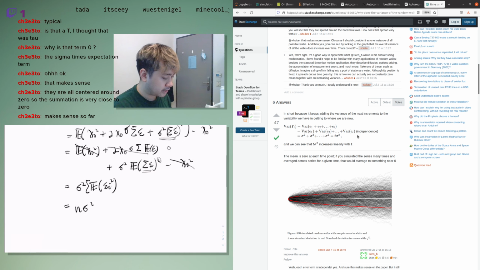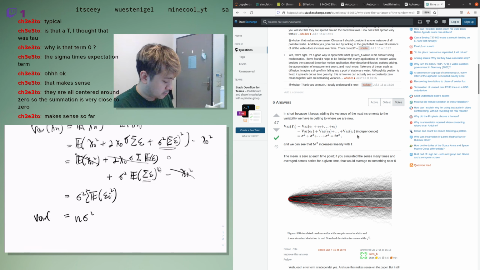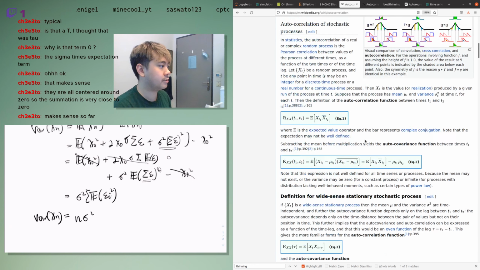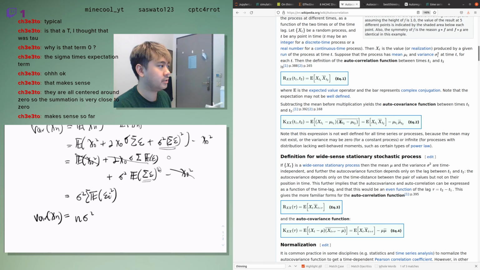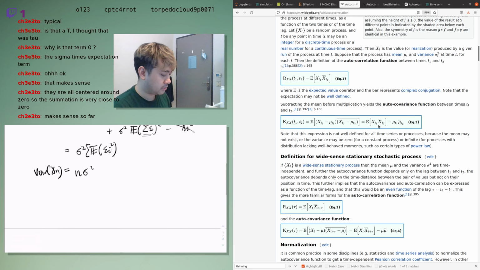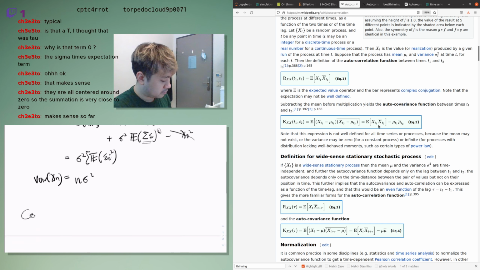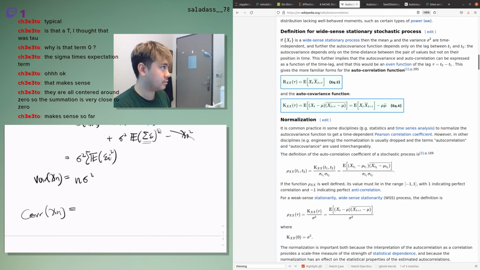Okay, so the reason I need this is because later on I'm gonna rely on this. So here, see, I'm gonna need the expectation of my process and then the variance of my process. So the correlation of my process is, what is it here?